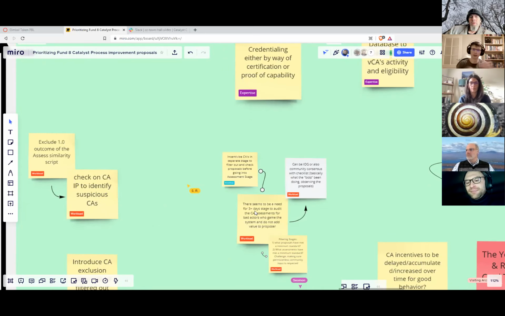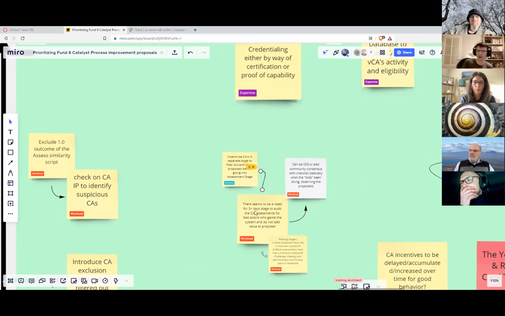Here it was more about checking if the proposal is good enough to even be assessed, because there is a lot of time waste. We're using CAs' time to assess something which is not really up to date, and we could simply hand them a guide or give them simple guidance.